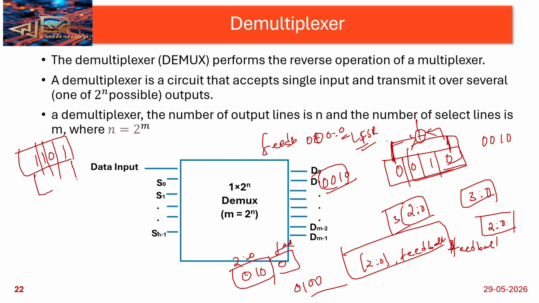These two bits will be XORed together. 1 and 1 XOR, what is the output? 0. 2 down to 0 means 1 0 1 and 0. Then every time a random pattern will be generated. It is like a shift register: see, 1 1 0 1 we are giving as input.